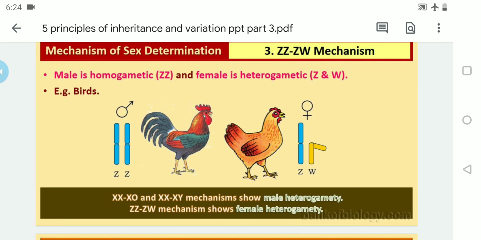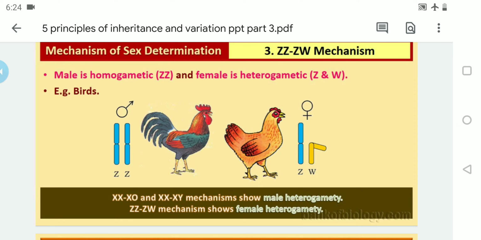Okay, so you can write down and work out. As I said yesterday also, consider the parents. Male, write down 2n is equal to 78. In the chromosomal pattern, 76 AA, that is autosomes, plus ZZ.